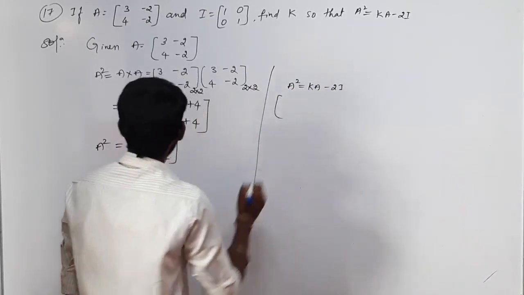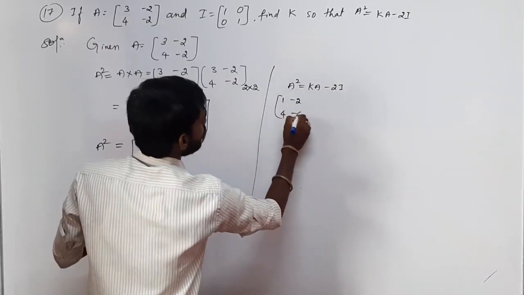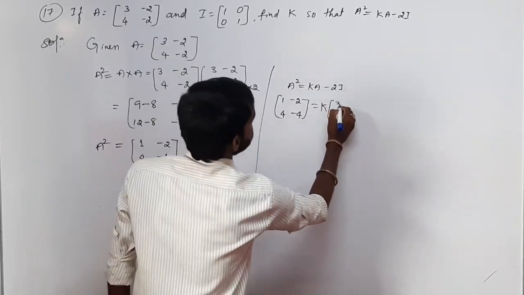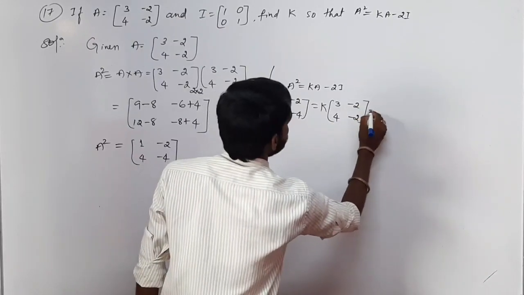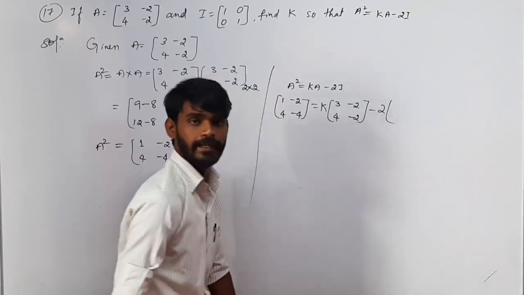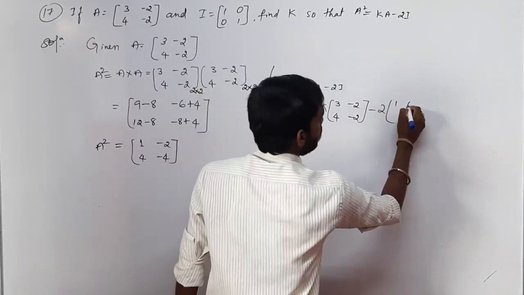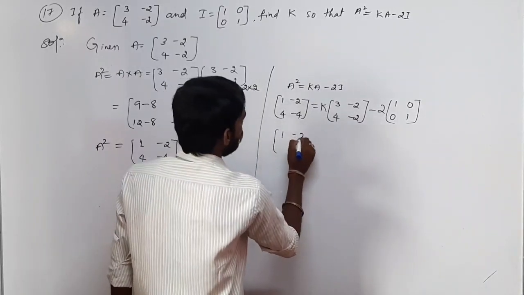A squared will be [1, -2; 4, -4] is equal to k into [3, -2; 4, -2] minus 2 into the identity matrix, meaning the diagonal elements are 1 and all others are 0, that is [1, 0; 0, 1].